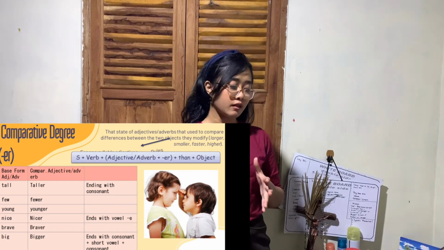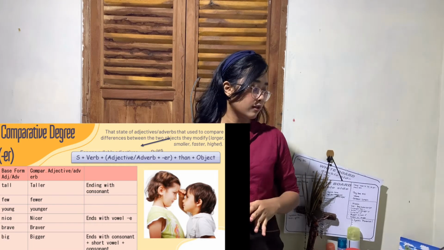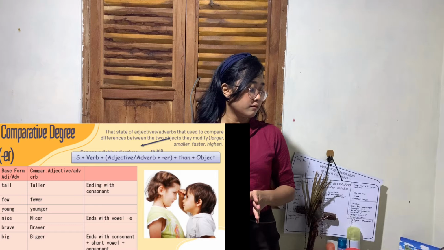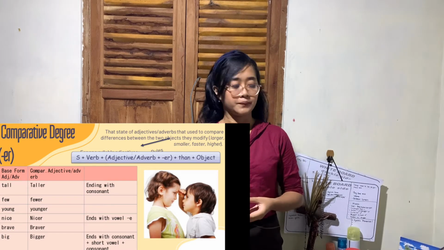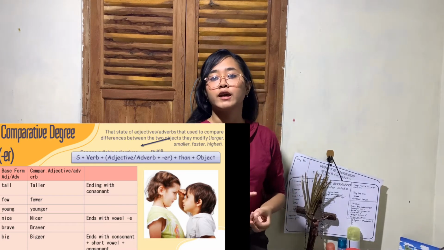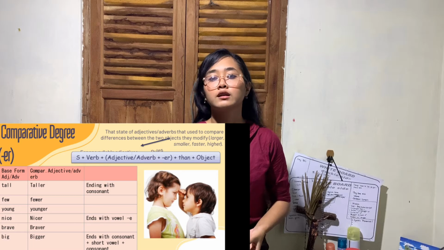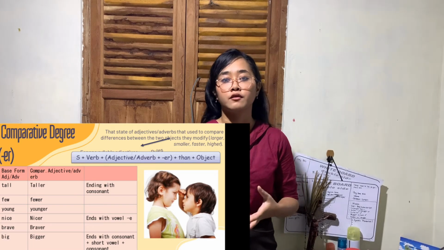And then we also have the rules for some adjectives. If the adjective ends with a consonant, that is tall. Tall ends with a consonant, so you can add er, so it becomes taller. Taller is the comparative adjective.